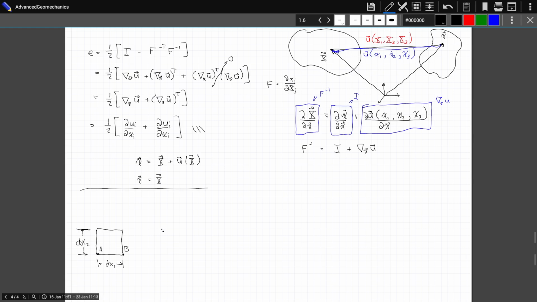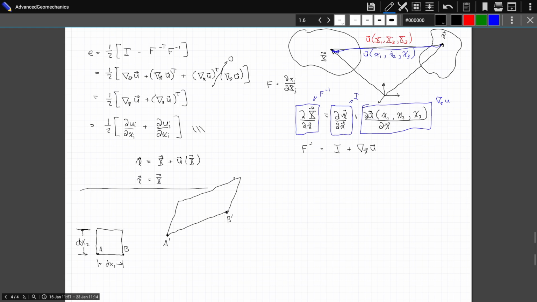So this is the same point A. Same point B, but now they've been deformed, so we'll call them A prime, B prime, and we'll draw the rest of the cube there.